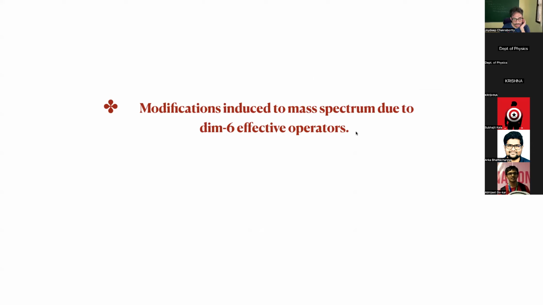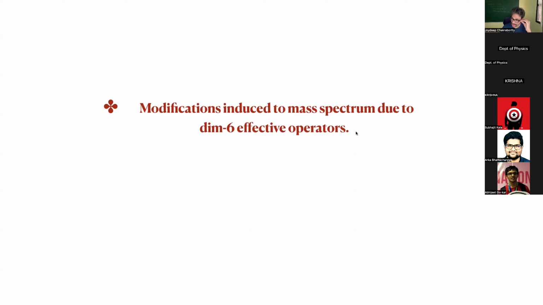What is the meaning of the spectrum? Because in the standard model, after electroweak symmetry breaking, you calculate the masses of the gauge bosons, the fermions, the Higgs, and all those things, right? So what we will do is add the effective operators, and after that perform the electroweak symmetry breaking, with the new minimization conditions and so on, and then we'll recalculate the spectrum.